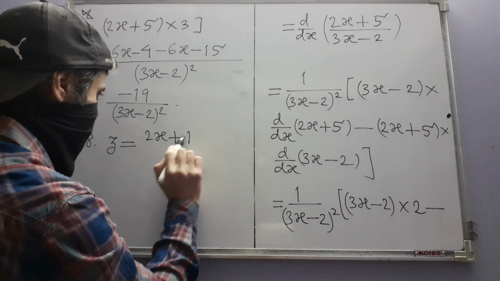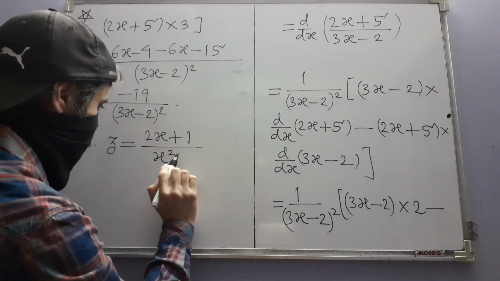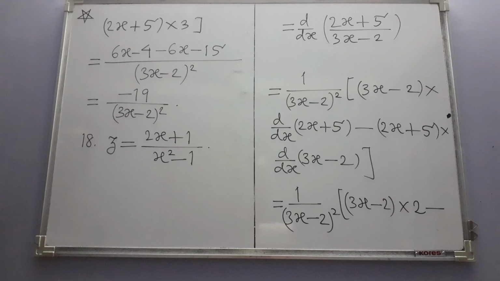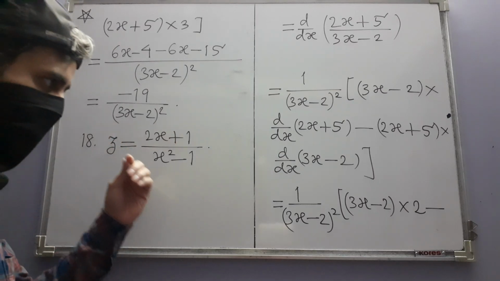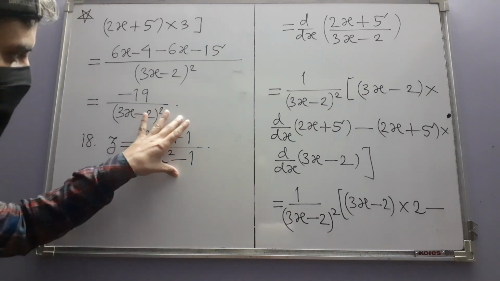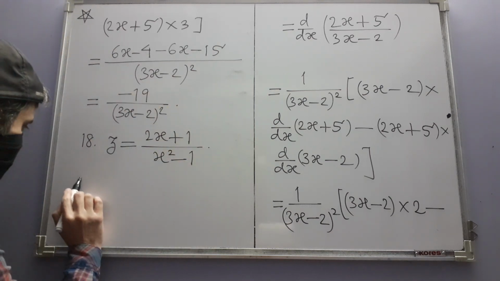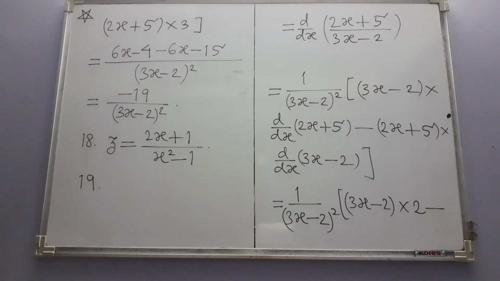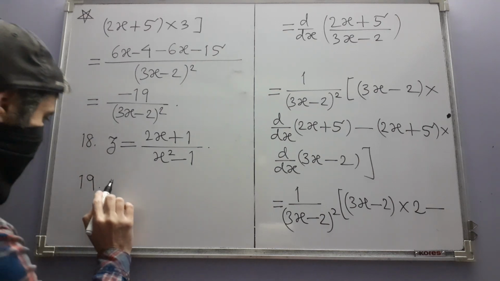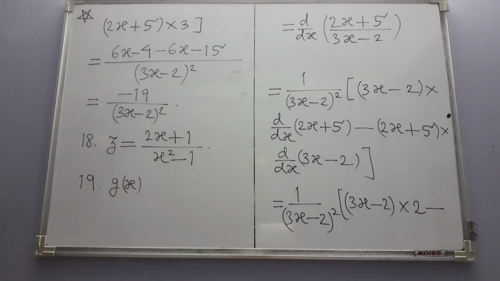2x plus 1 divided by x square minus 1. Same thing, you just have to apply the quotient rule here also exactly similarly and you will get the answer. So I leave this to you. The 19th one is also similar. Here, the function itself has been given a name, g, and we also see the independent variable x.